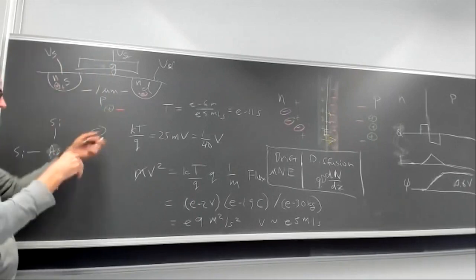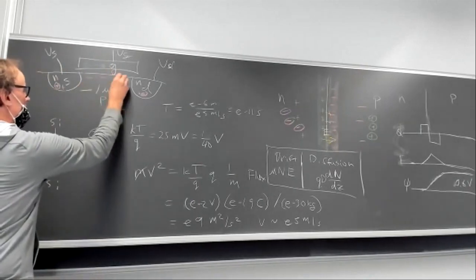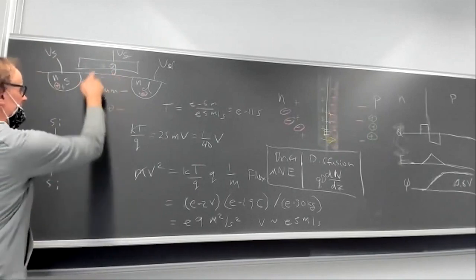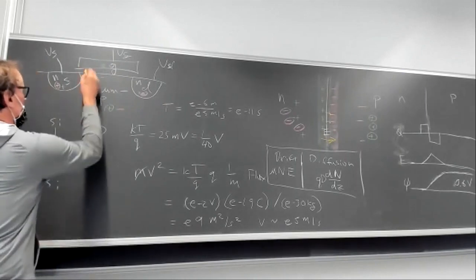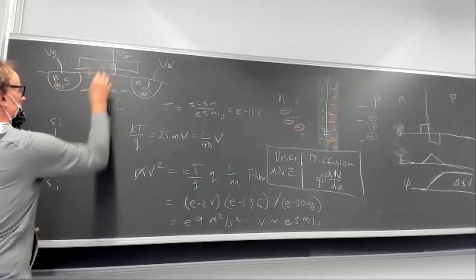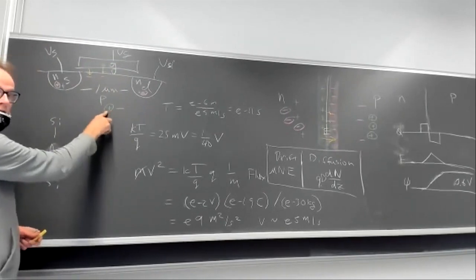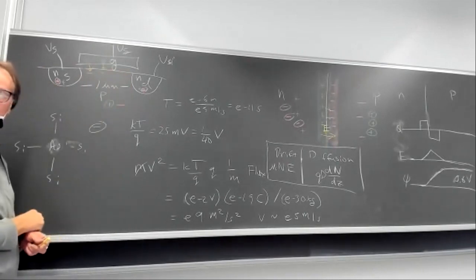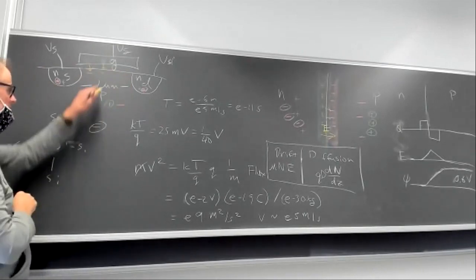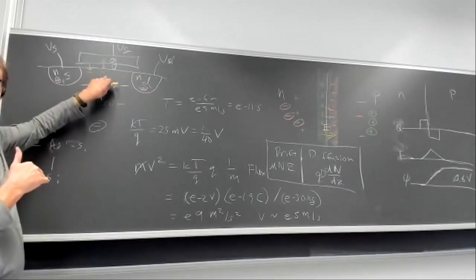They get pushed away from the surface, and then you end up with the bare ions, and of course there's a field line connecting each one, right? So the first thing that happens is you push away these mobile holes, and you basically make the space charge region. It's just fixed negative ions, and you've depleted it.